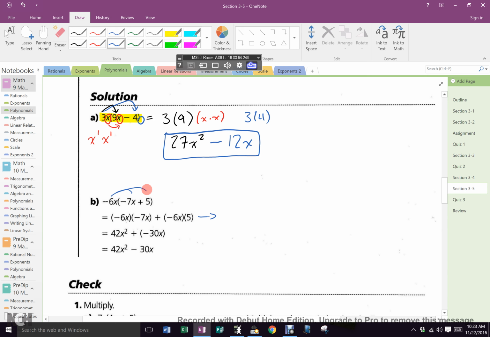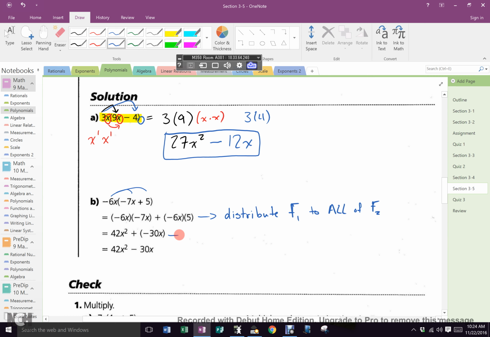Starts with a D. No, it's not dividing. Distribute. I distribute factor 1 to all of factor 2. Right?